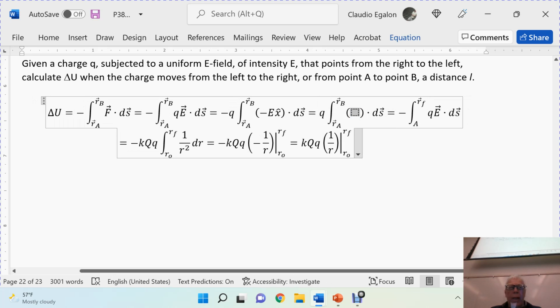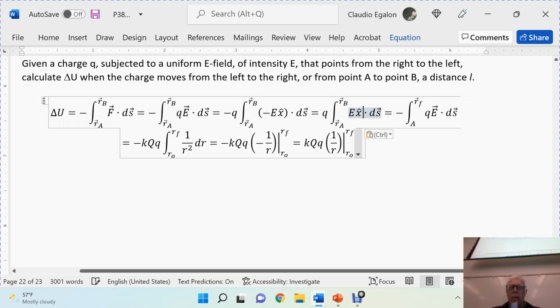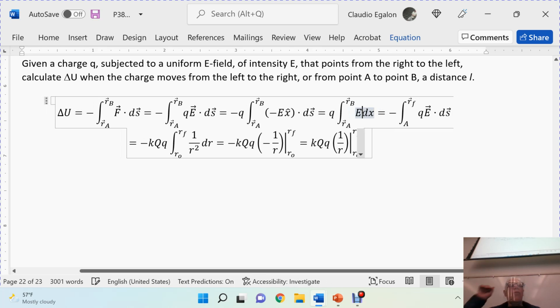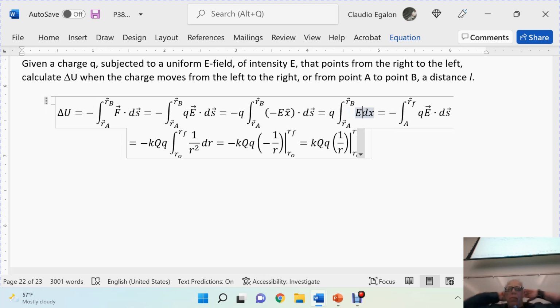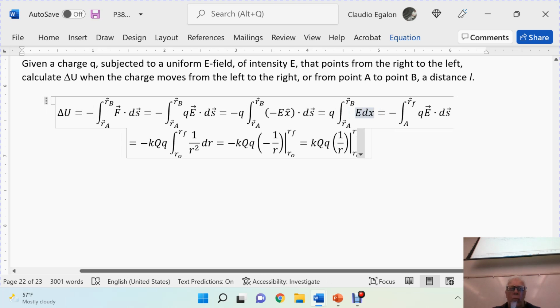When we do the dot product, we end up with the x right in here, because the s vector has x, y, and z components. And once we change the integrating variable, we also change the integrating limits.